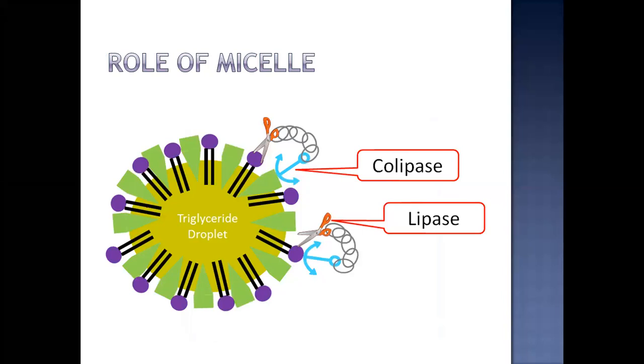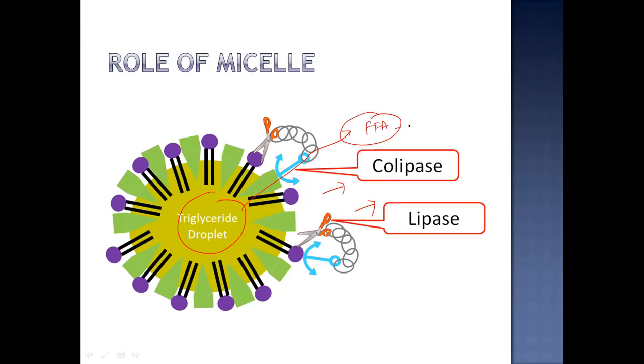So what does this micelle actually do? Micelle, which is a mixture of digested lipid product and bile salts, can act as an anchor. It helps in smoothing the action of our digestive enzymes, that is colipase and lipase. Because of this micelle, colipase and lipase will act on our triacylglycerol, and they will help in generation of free fatty acids and glycerol more quickly.